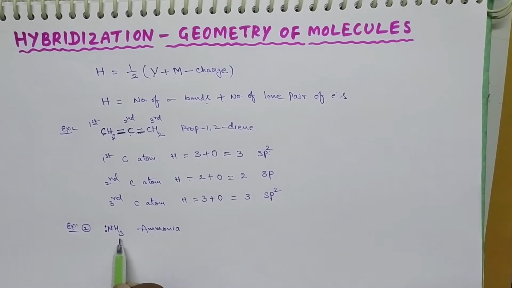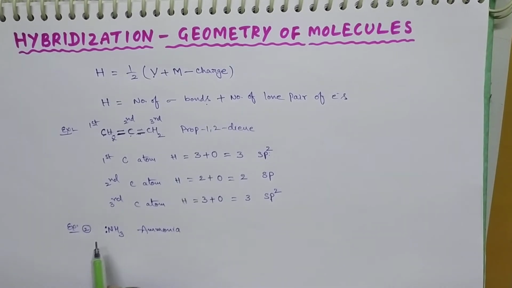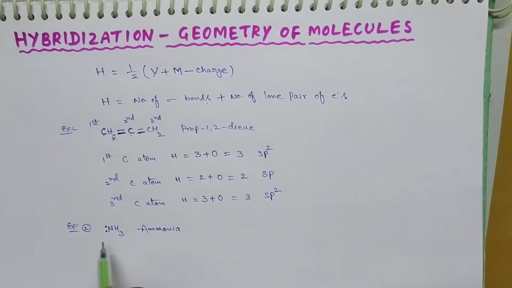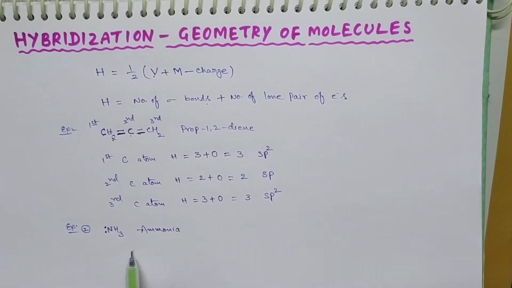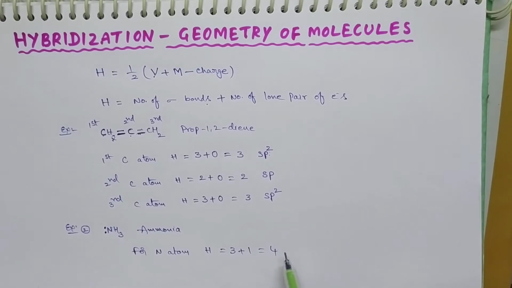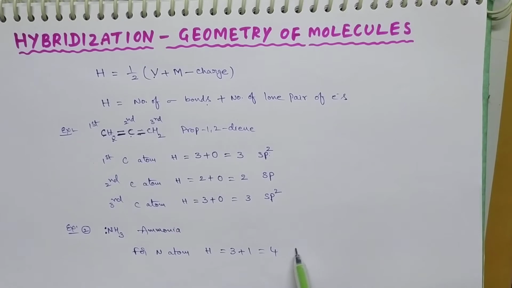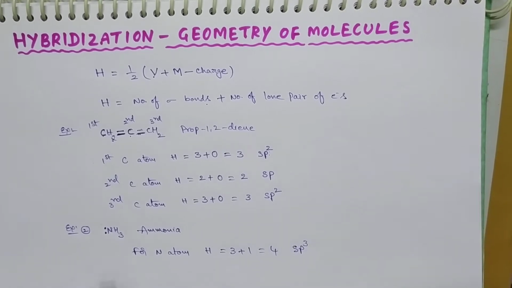So 3 are bond pairs and 2 electrons are present as a lone pair. For the nitrogen atom, the number of sigma bonds will be 3 with 3 hydrogen atoms and 1 lone pair is there. So totally there are 4 hybrid orbitals, so the hybridization will be sp3.